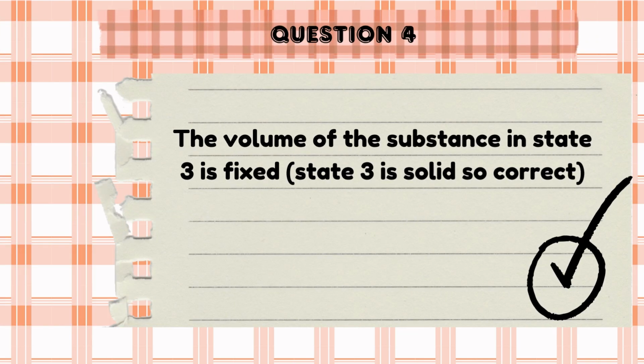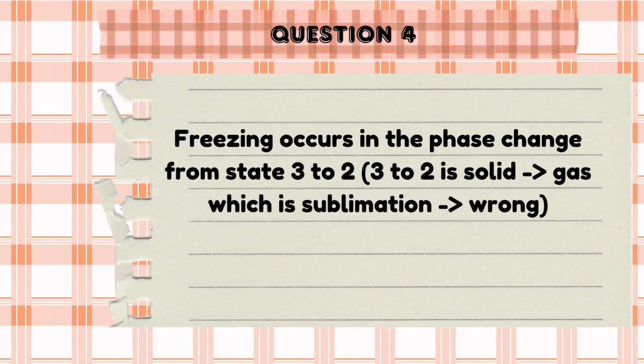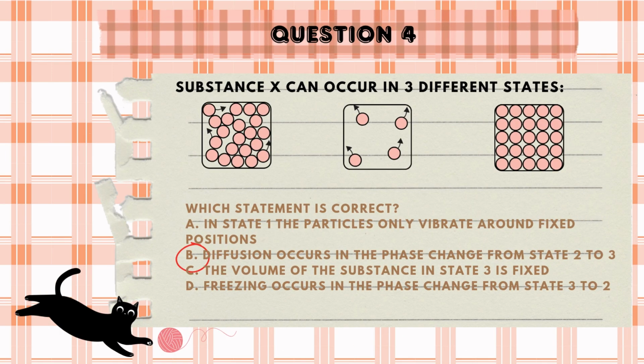C is the correct answer. D says freezing occurs in the phase change from state 3 to 2. 3 is a solid and 2 is a gas, so 3 to 2 must undergo sublimation, not freezing. So D is the wrong answer. So for our question 3, the correct answer is C.